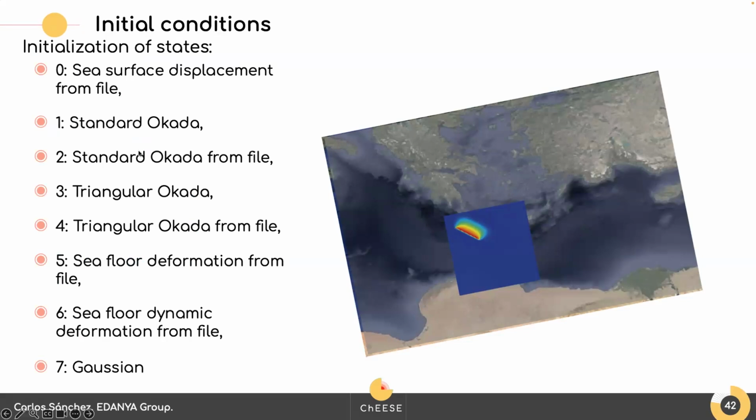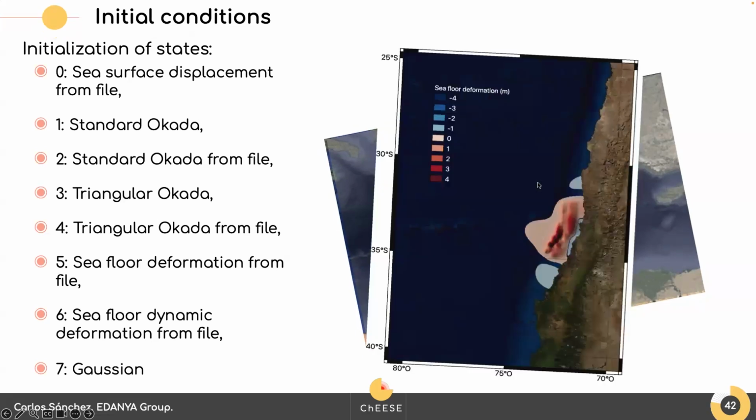For example, the initial deformation for the sea surface, just providing another GRD file that must have the same size, but you can also use a small one that is nested with respect to your computational domain.